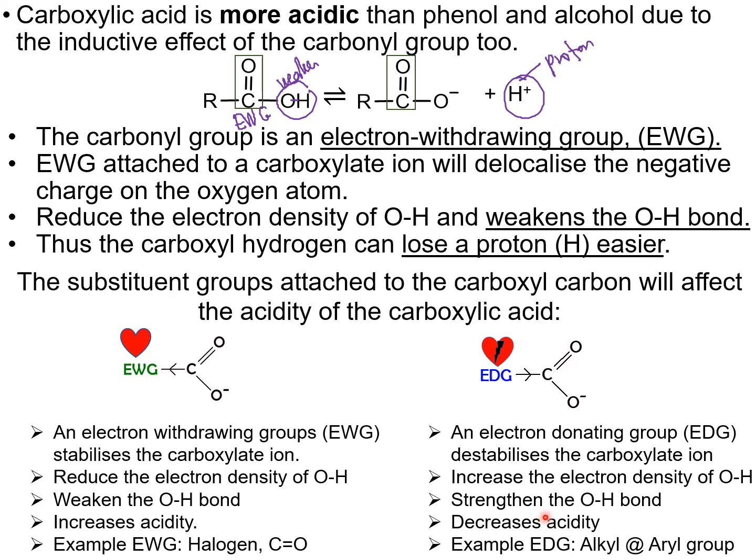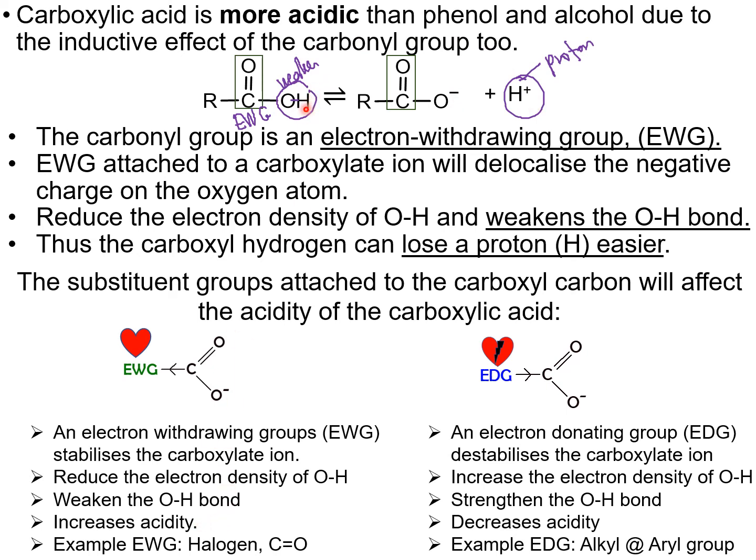So dia akan decrease the acidity. So in this case you always need to remember, okay, kalau jumpa carboxylate ion, you need to make sure dia melekat dengan AWG sebab the main reason here is we want to weaken the OH bond supaya senang nak lose proton. Kalau dia senang nak lose proton, dia punya acidity pun akan increase.